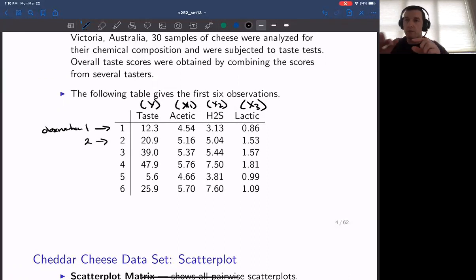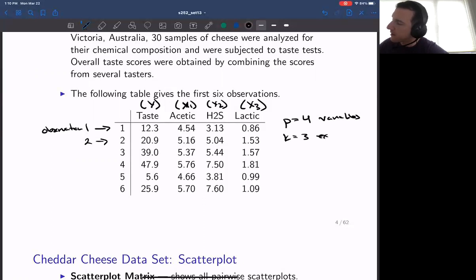So each observation is now a collection of 4 variables in this particular case. So we have p equal to 4 variables, k equal to 3 explanatory variables, and as always, we have one response.